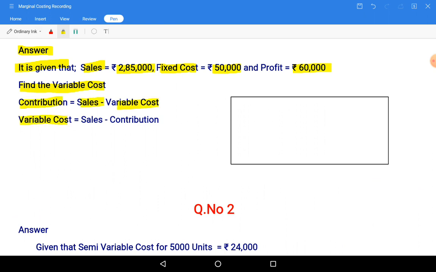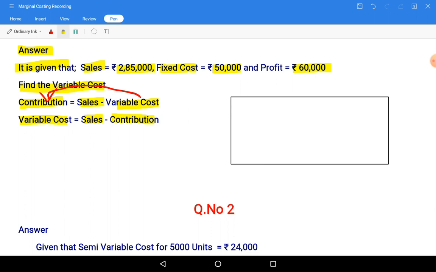So variable cost is equal to sales minus contribution, as the variable cost moves from one side to the other of the equality and contribution becomes minus. But how do we get contribution?